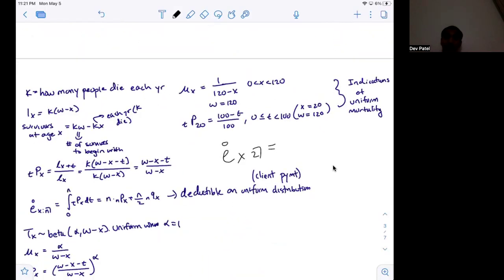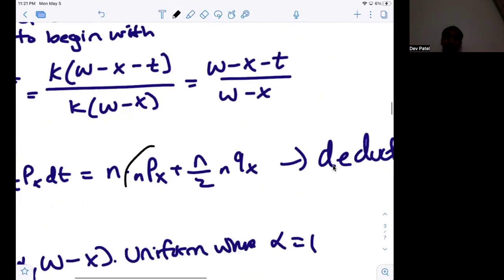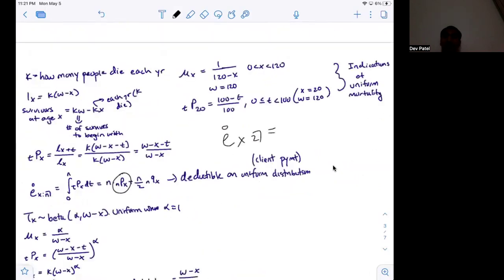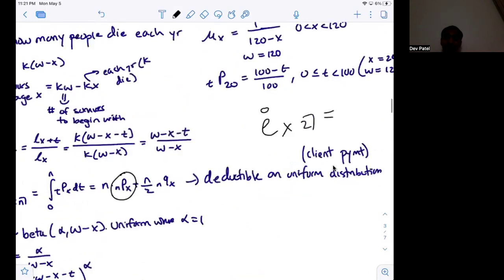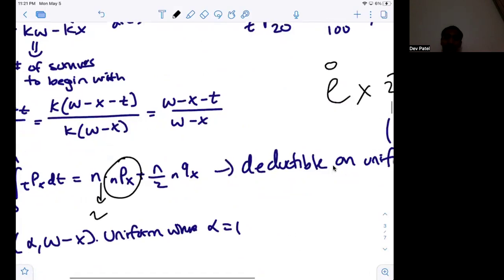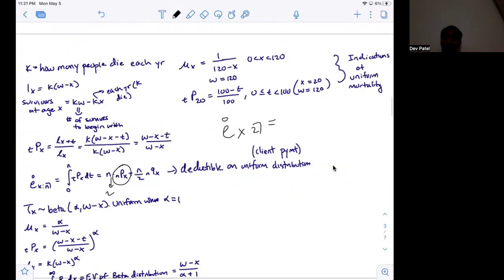Now this represents the probability that x lives at least n years, so lives at least 2 years, times that value, so times 2. So that's our value. If it's greater than 2, what's the probability that it's going to be greater than 2, which is npx, plus n over 2, and n over 2 is because it's uniform between integer ages.